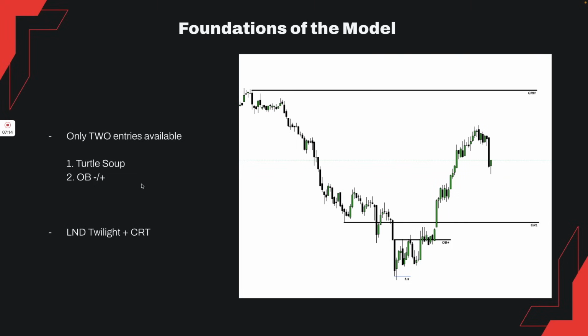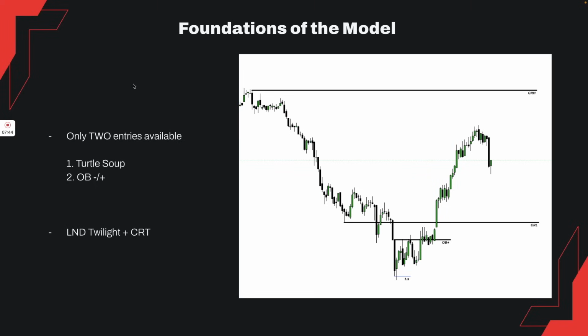As I've said before, you can either catch the turtle soup or you can catch the order block. If you guys are more experienced, you can execute breakers. For now, I would like you to focus on entry number 2, the order block.